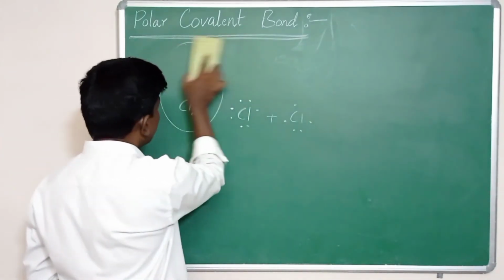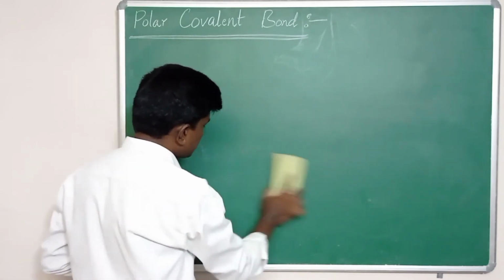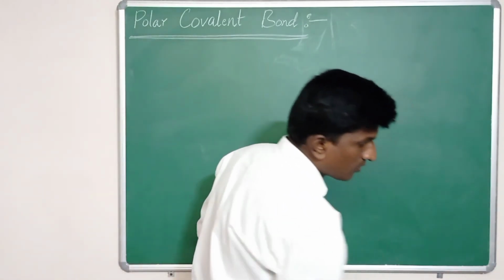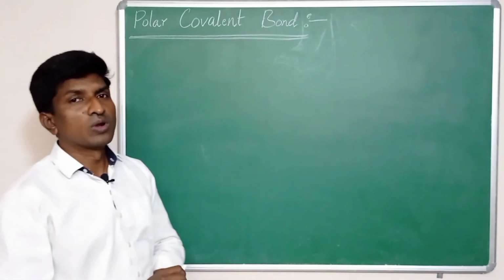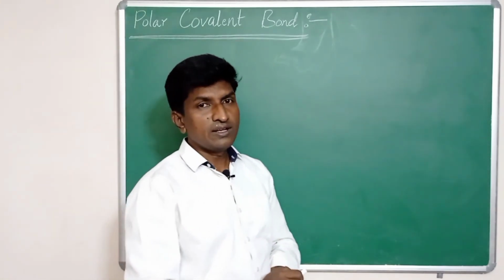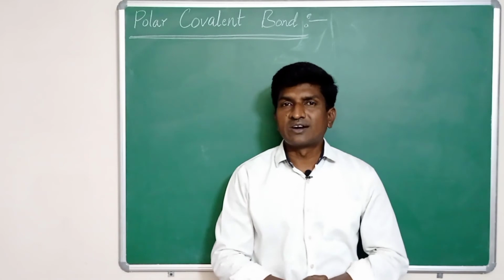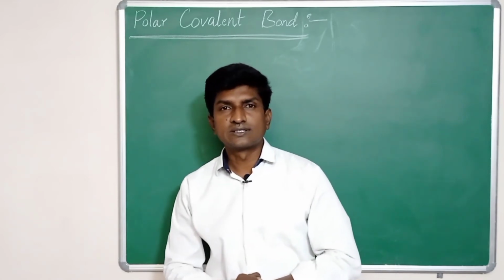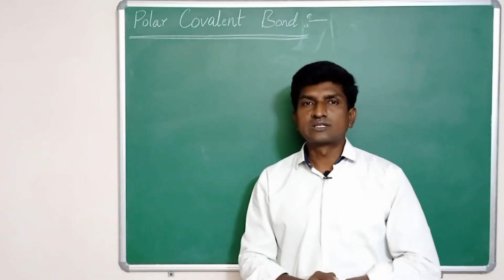Already in previous classes we have studied the ionic bond and covalent bond. Now we have studied the polar covalent bond. Then what are the properties of ionic bonds, covalent bonds as well as polar covalent bonds?